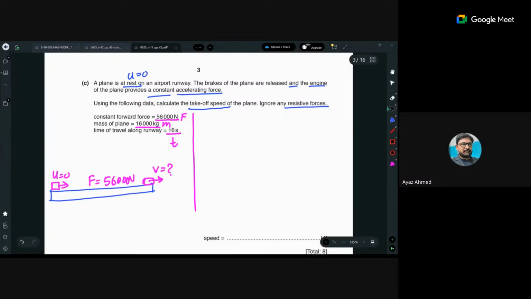So it's quite easy question. First of all, your task is V. So V, अगर आपको हाँ U भी given है, U is 0. So your task is V. So you can simply use F equals ma, okay, and calculate acceleration from here. That is F divided by m. F आपके पास क्या है?